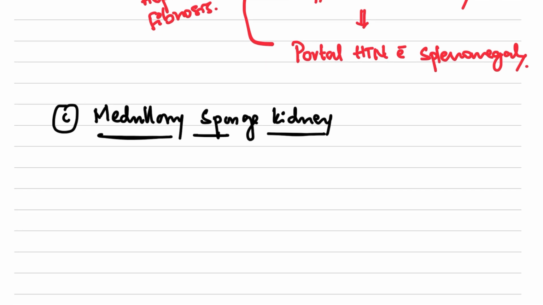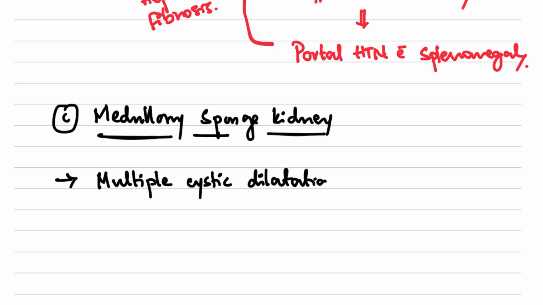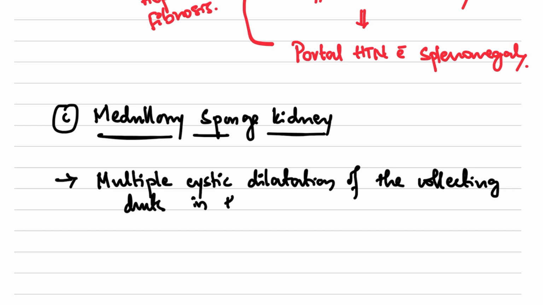In this disease, there will be multiple cystic dilatation of the collecting ducts in the renal medulla. That's why it is called the medullary sponge disease.